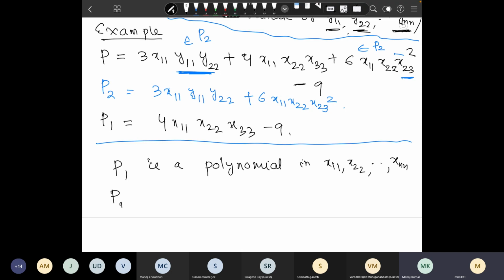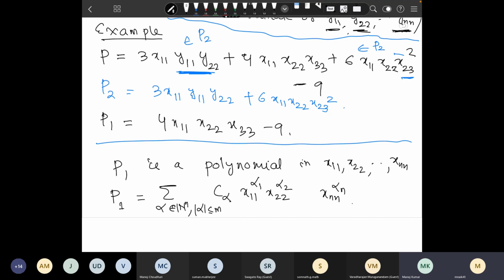And P1 you can write of the form sum of C alpha, where alpha is a multi-index, with mod alpha less than or equal to some L, C alpha x11 to the power alpha 1, x22 to the power alpha 2, xnn to the power alpha n.